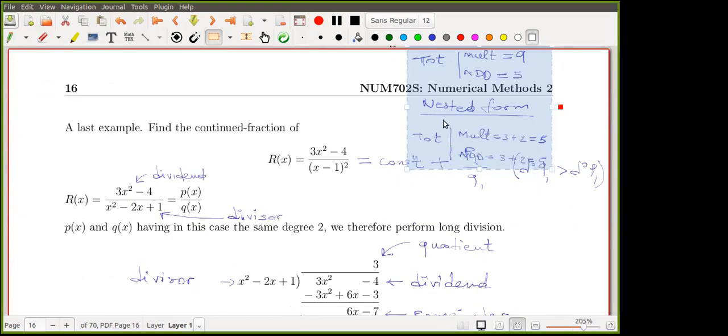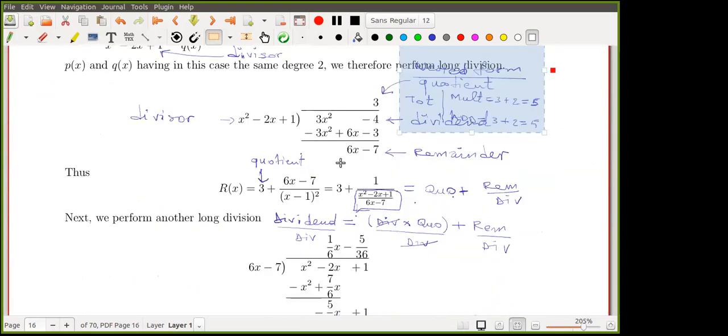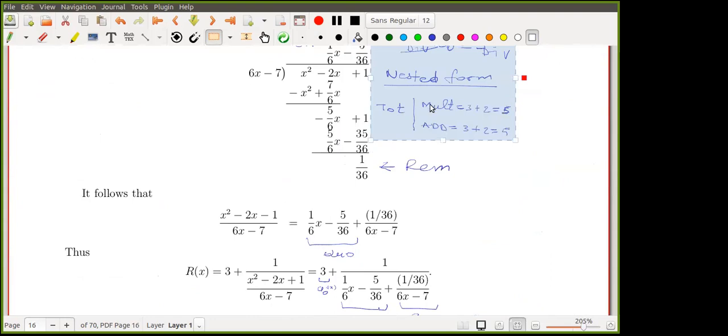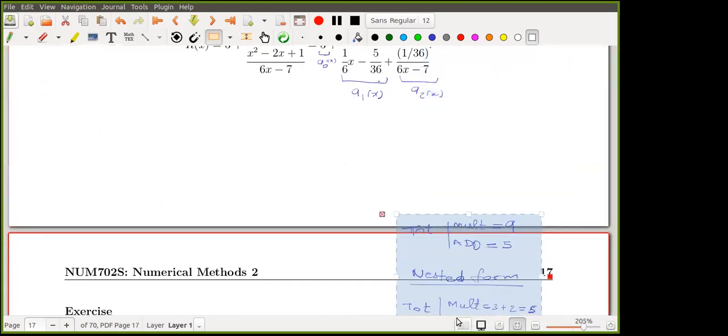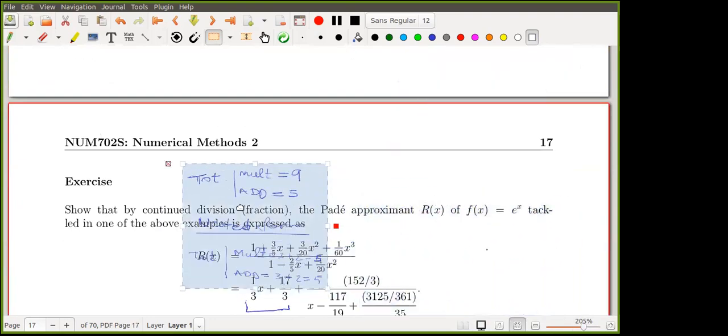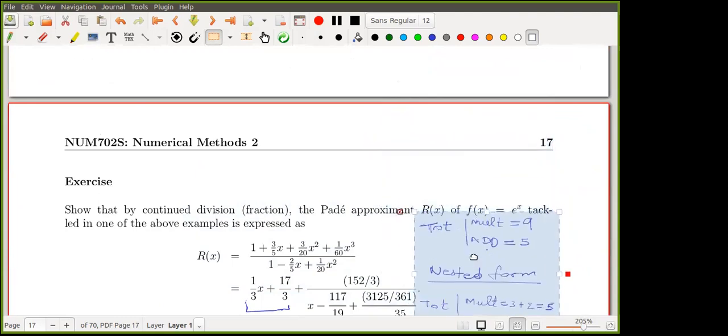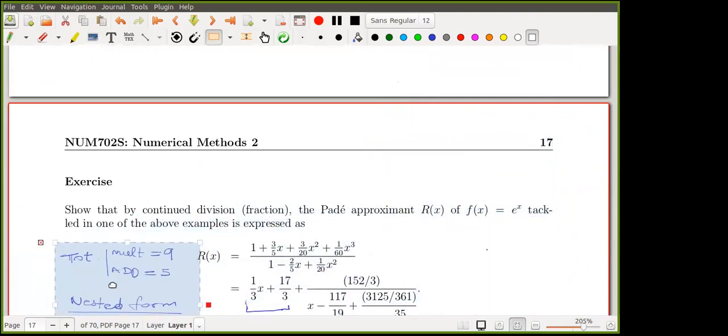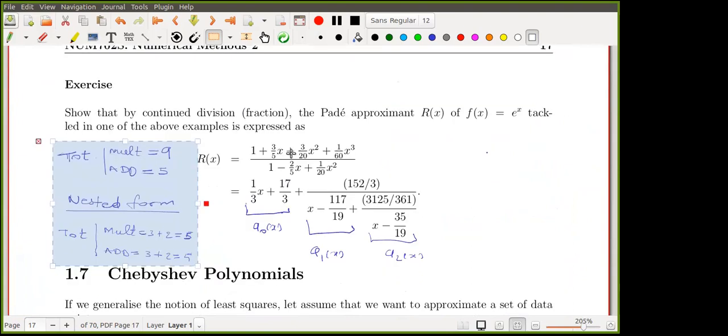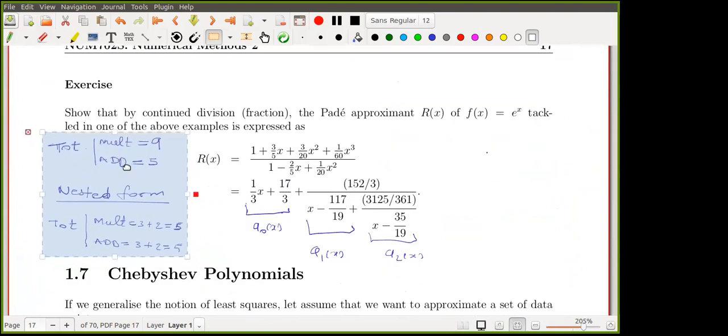Okay, so let us maybe here. Good, so let us keep it there.